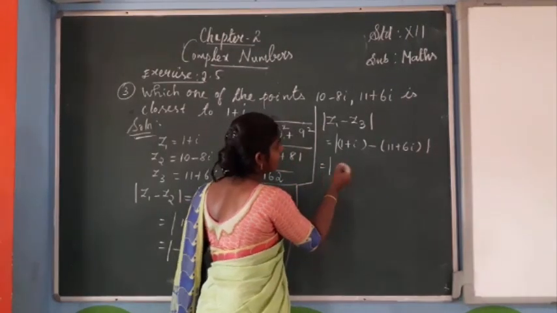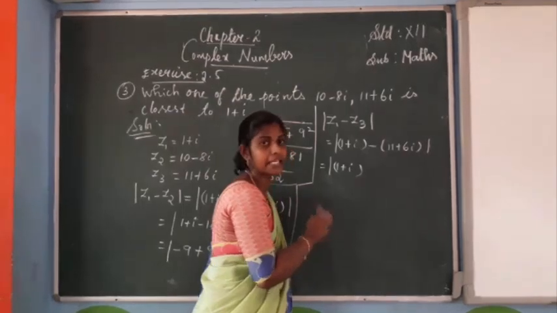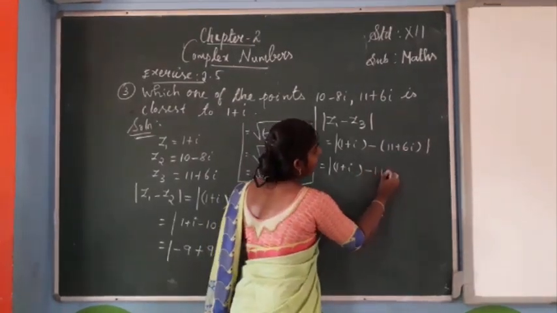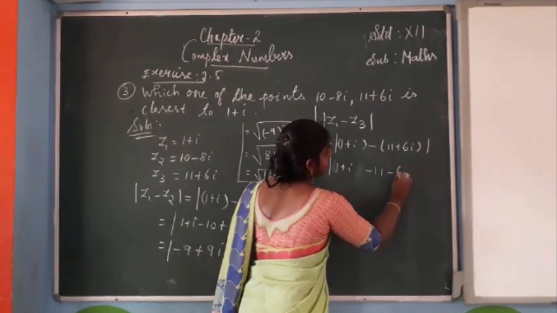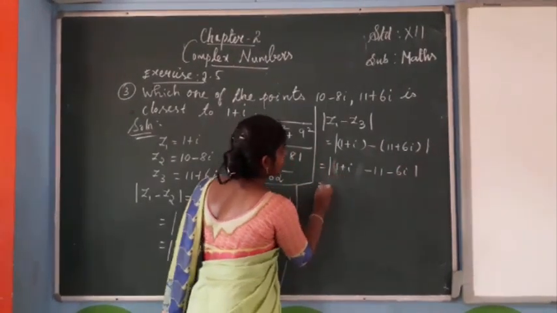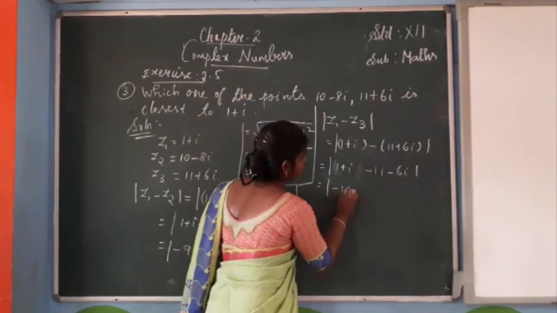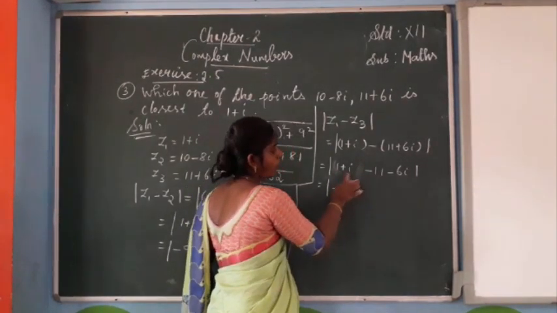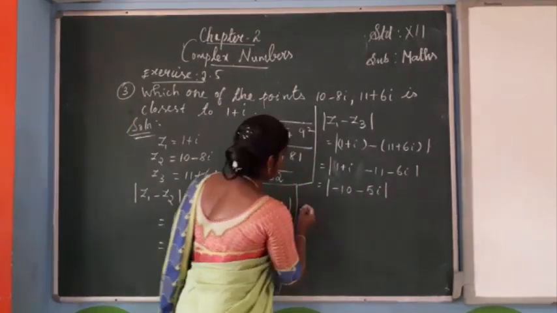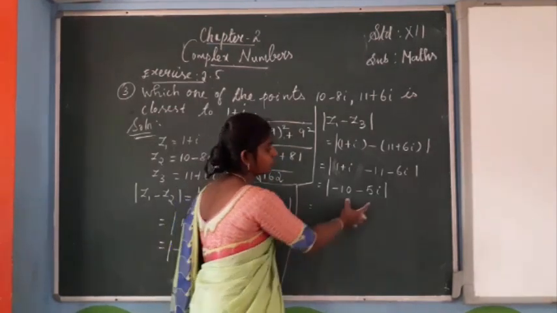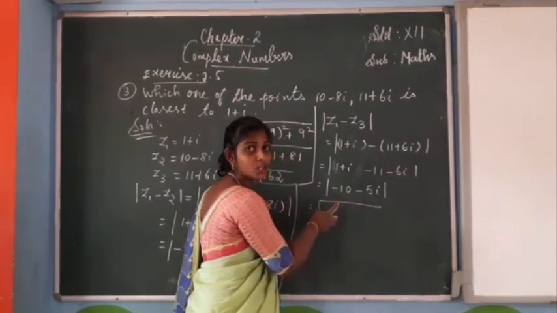Multiplying the minus inside, minus 11 minus 6i. That's equal to modulus of 1 minus 11, which is minus 10, and 1 minus 6, which is minus 5i. We use the formula root of x square plus y square.